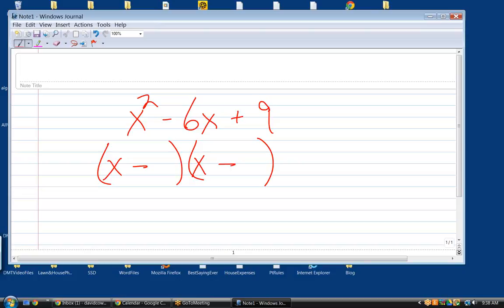Third step. Find factors of 9 that can add to negative 6? Not negative 6, just 6. Okay? And those factors are 3 and 3. Yeah. When you say add to negative 6, it just kind of confuses the issue. In fact, you're right.